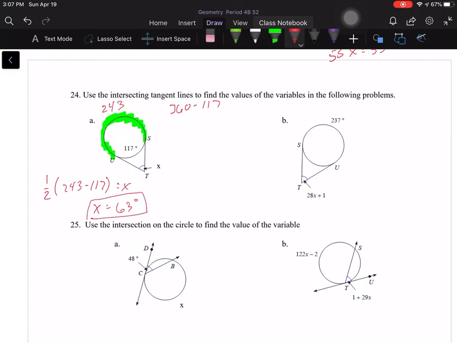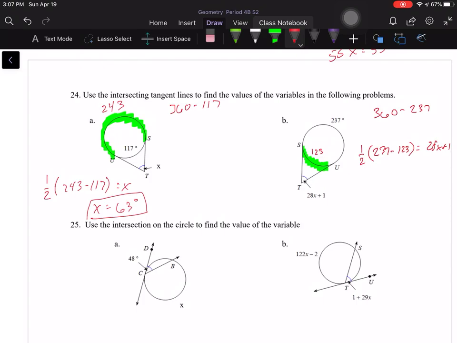So again, I had to find a portion of the problem first before I could actually solve the problem. Next one, same thing. I don't know that arc, so I'm going to do it the same way. I'm going to go 360 minus 237. So that's 123 degrees. So then to find that angle measure, half of 237 minus 123 equals 28x plus 1.